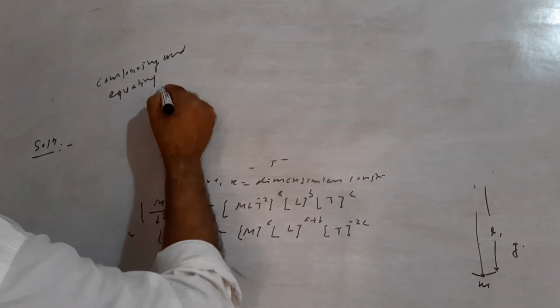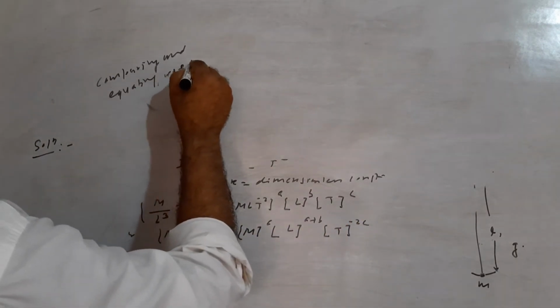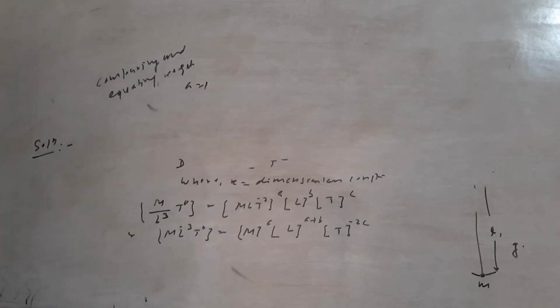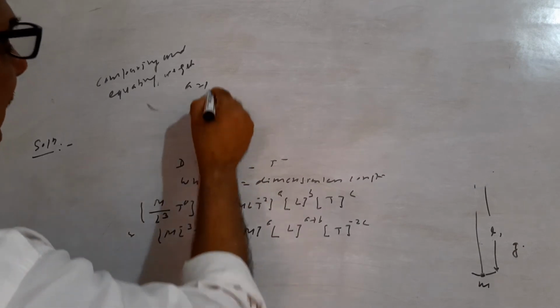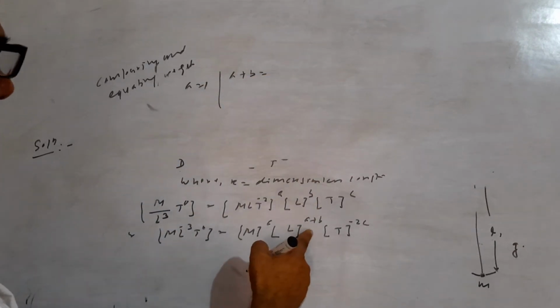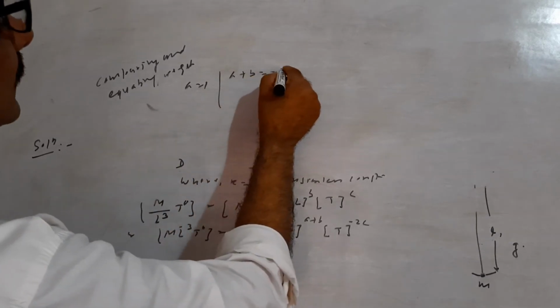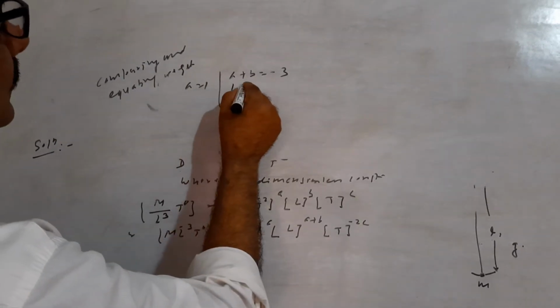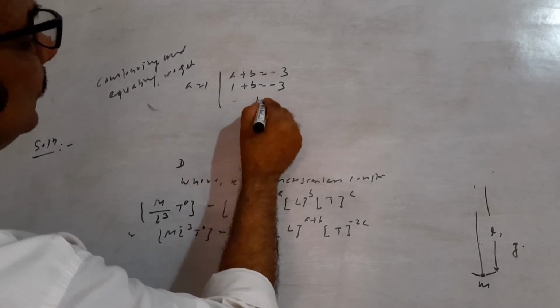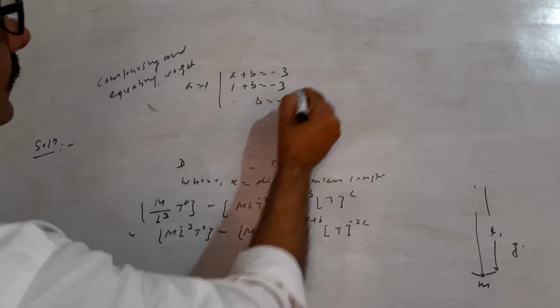So equating, we get A equal to 1, and now A plus B, L to the power minus 3, so 1 plus B equal to minus 3, and therefore B equal to minus 4.